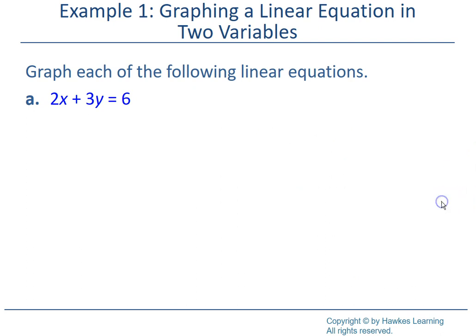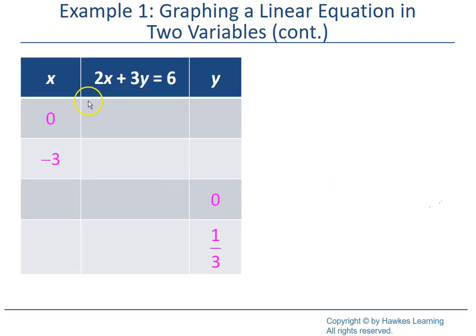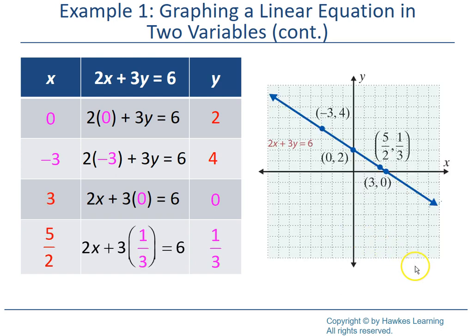Now the textbook is going to parallel what we've done. They set up their T-chart just a little differently than we have. And they get points as well. And again, there's other points. There's an infinite number of points along the line. But there we got the 0, 2, and we got this other one.